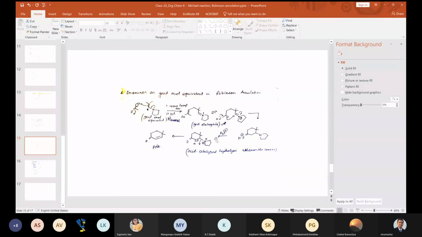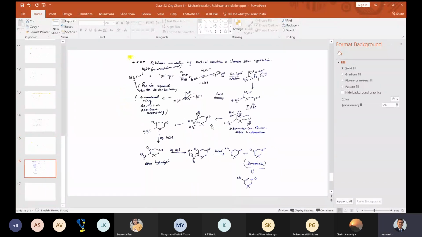Then if you hydrolyze this one, this nitrogen will be protonated, this bond comes, this leaves, so that you get this as a product. For enamine chemistry, you have quite many examples actually. This is the last slide.